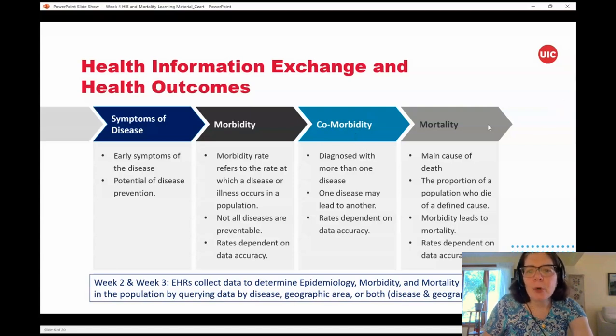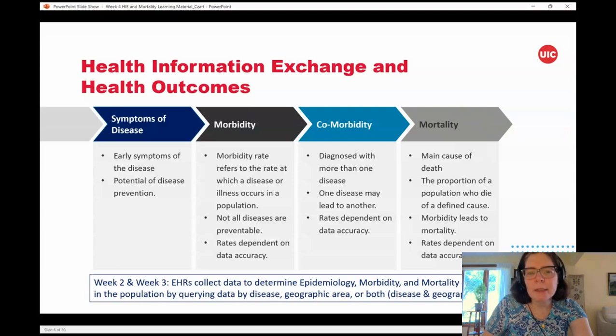Now, in terms of mortality rate, we have to keep in mind that typically states only report one main cause of death. So even though there could be multiple aspects that contribute to a person's cause of death, there's only one specific cause of death that's typically reported as part of the health statistics and health outcomes.